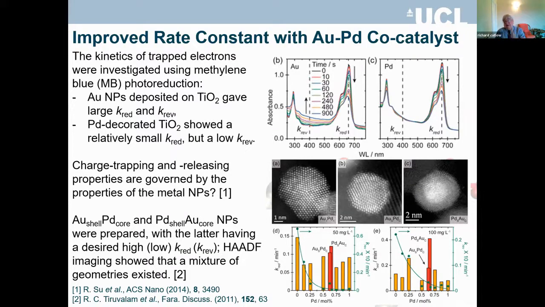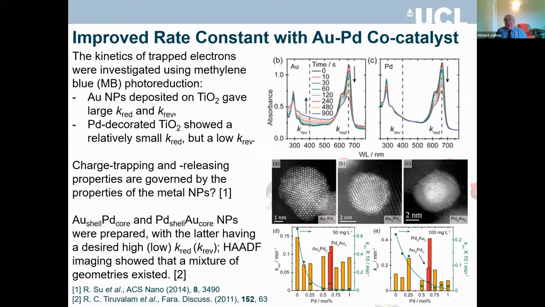The green lines are measuring K-rev, the rate at which electrons, once they're on the nanoparticle, are transferred back to the TiO2. And you see those decrease rapidly as you increase the proportion of palladium in the nanoparticle. So the key role of the alloying, essentially, is to stabilize the electrons on the nanoparticle.